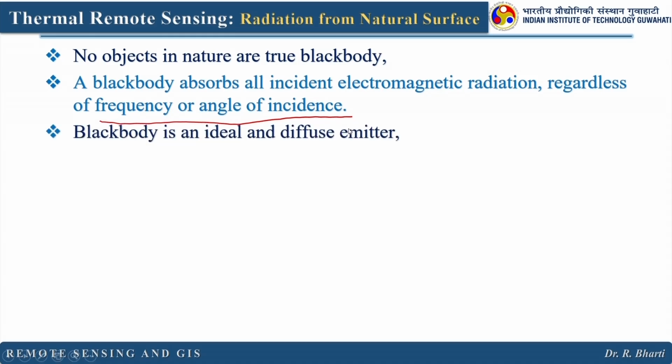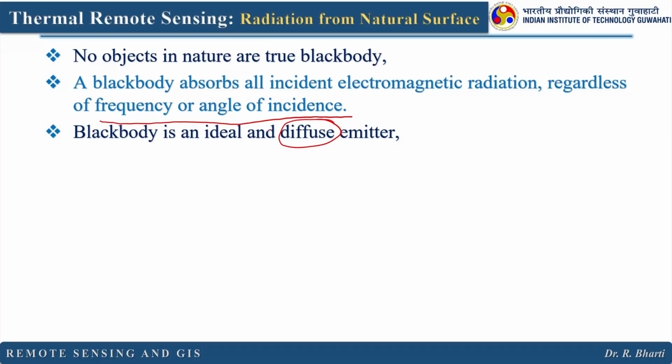A black body is an ideal and diffuse emitter. Why? Because it absorbs all the incoming radiation, so later on it will emit. So it will emit in all directions with equal intensity. That is the definition of diffuse. So it will not be focused, right.